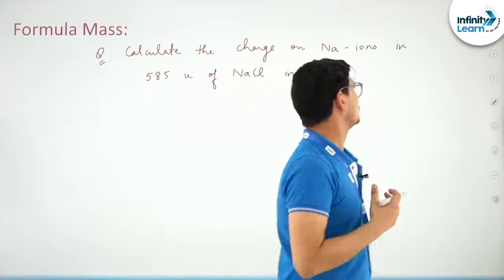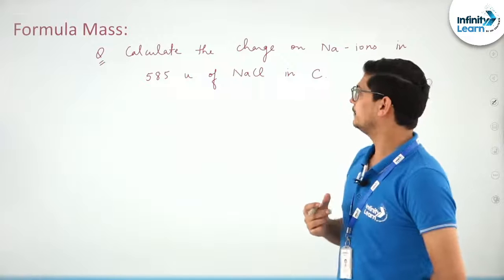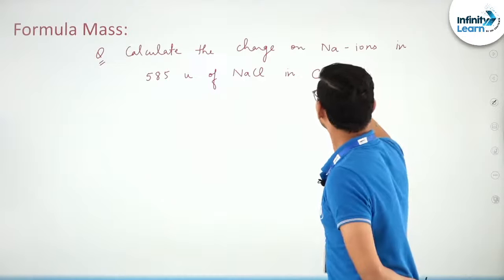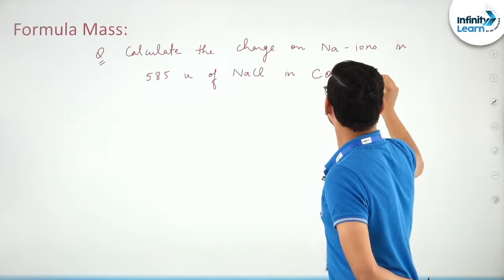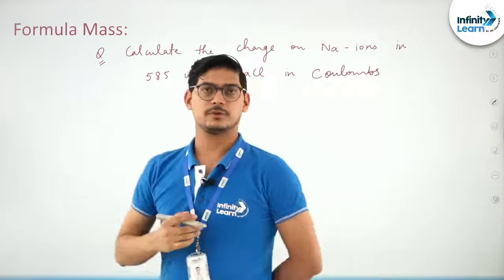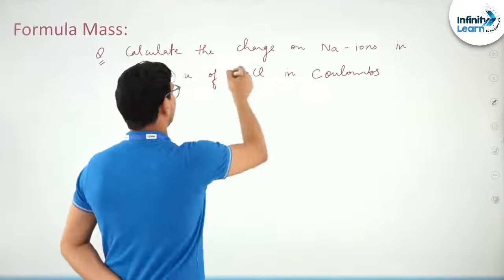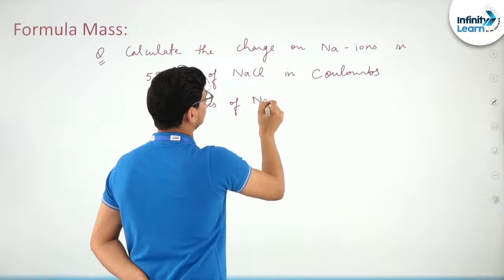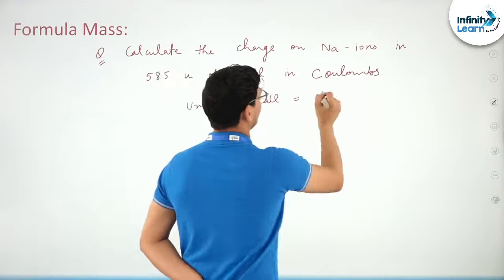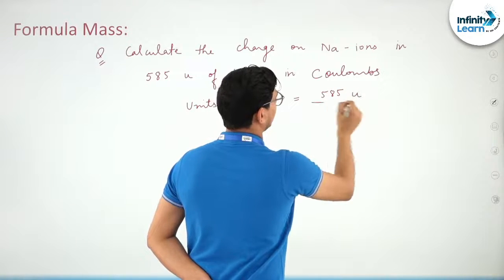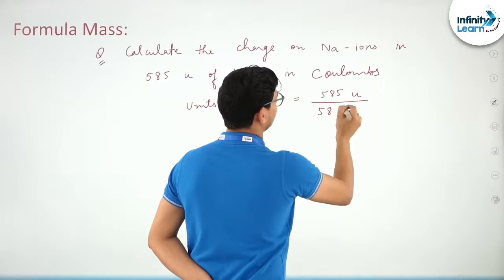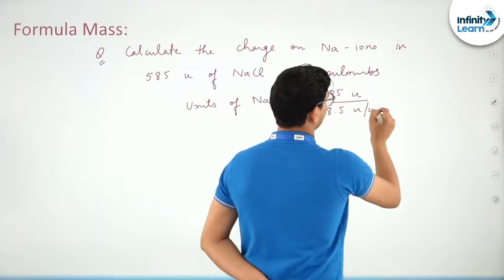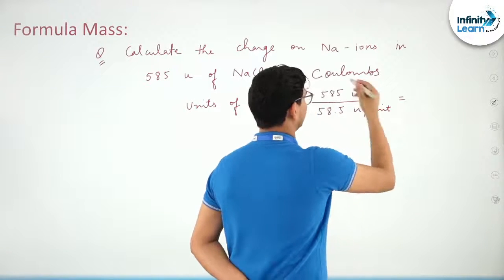Calculate the charge on sodium ions in 585 U of NaCl. It is coulombs. Right? So let's do this quickly. Units of NaCl. How many units of NaCl will be there? The total mass is 585 U and the mass of 1 unit of NaCl is 58.5. All right. So there are 10 units.